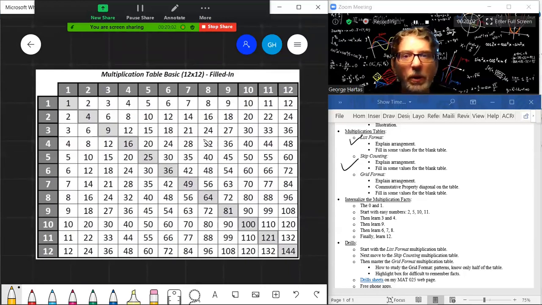So what this table here does is that, first of all, the arrangement. All right, so we have numbers listed along the left, numbers along the top. So let's say you want to know what 8 times 9 is. Well, let's take 8 here. Here's our 8. Take one number, circle it up here. Take the other number, circle it down here.